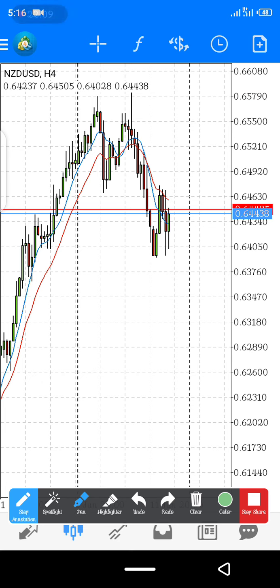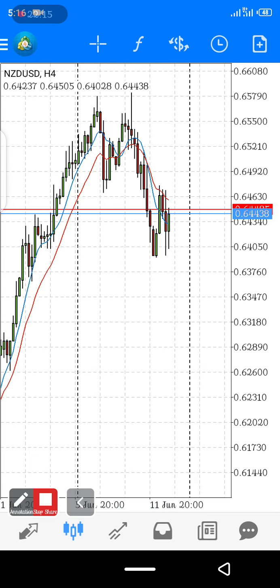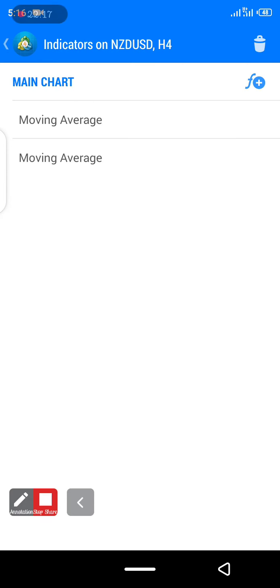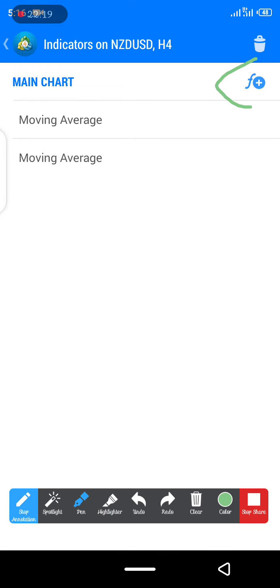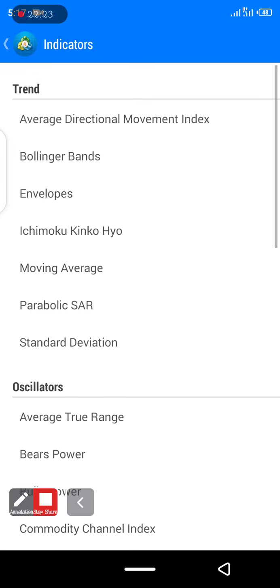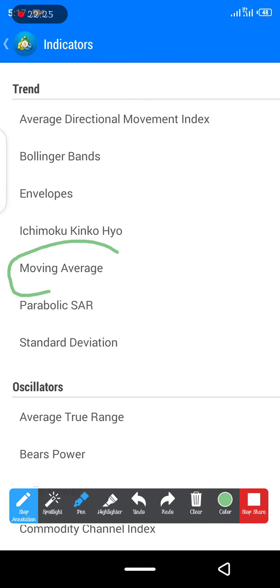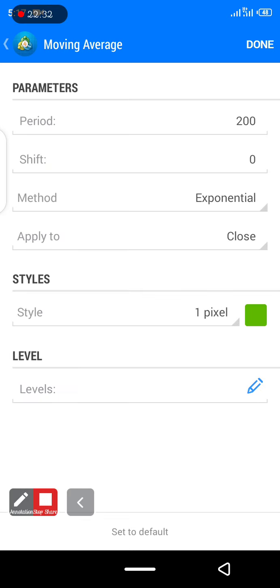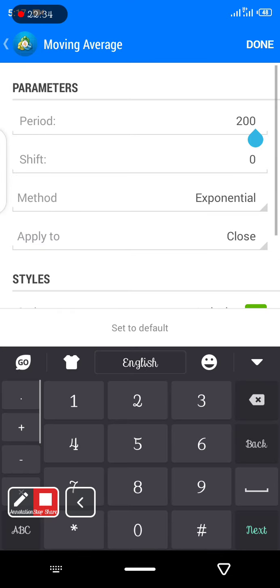I'll show you how to access your moving average. You see this F, touch this F. Here's your moving average. You clear this.